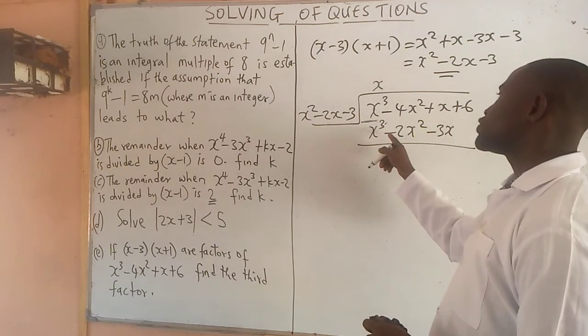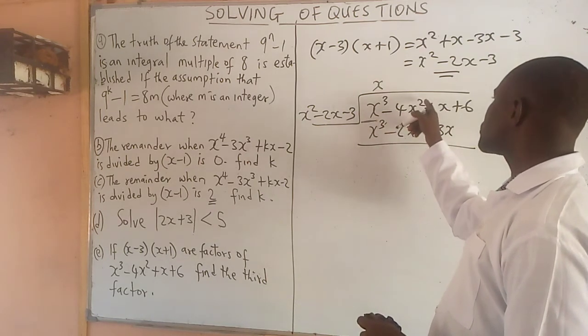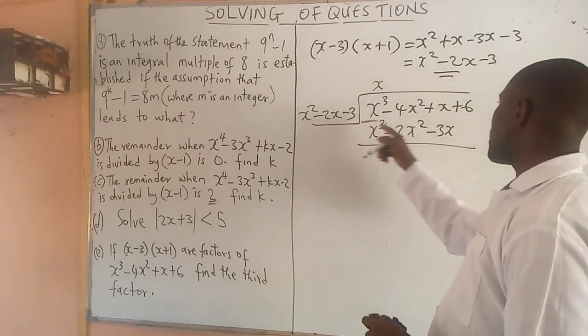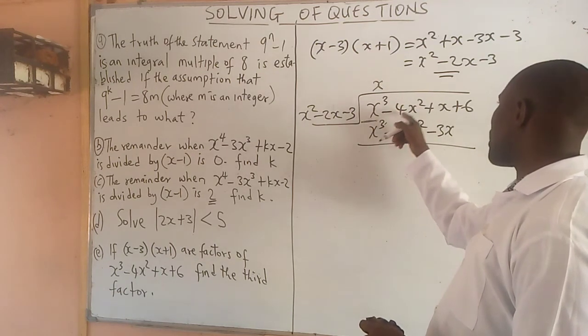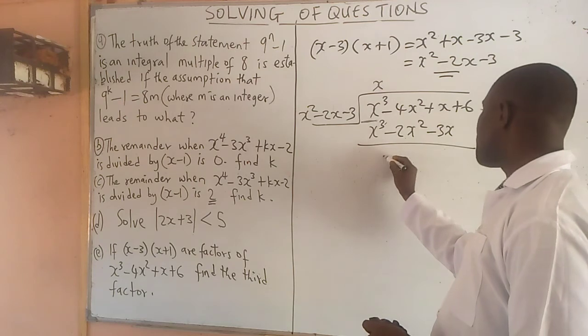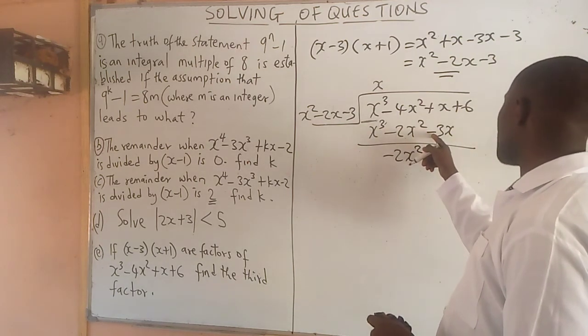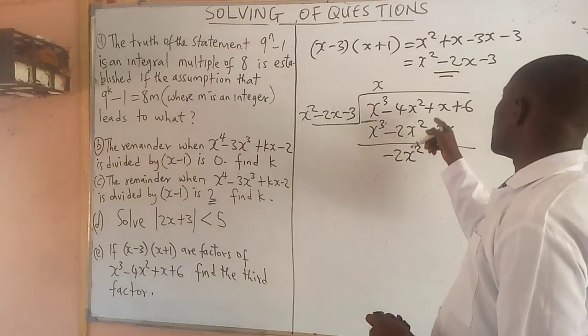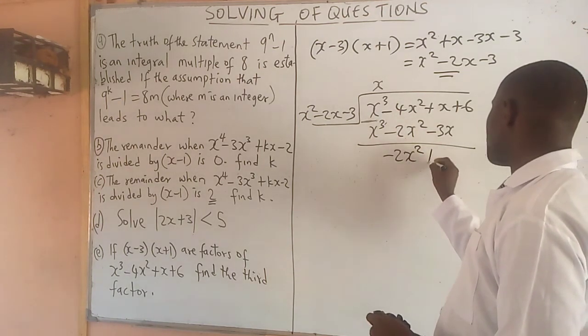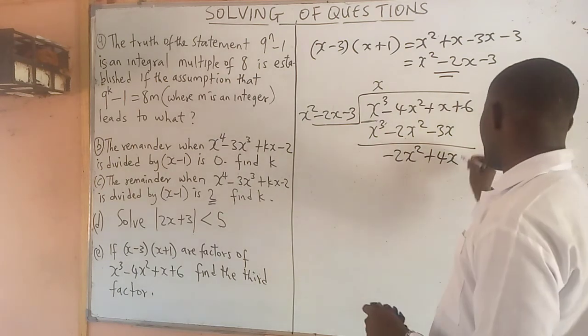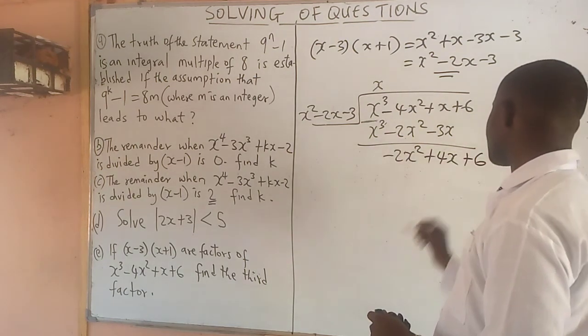Minus times minus is plus. Minus 4x squared plus 2x squared, that will give me minus 2x squared. Minus times minus is plus, x plus 3x, plus 4x. Then I'll carry down plus 6.